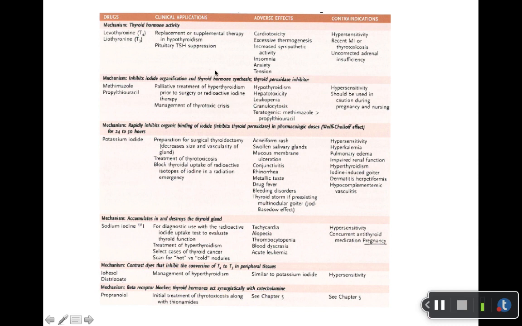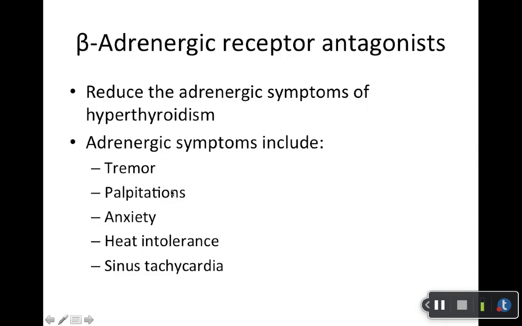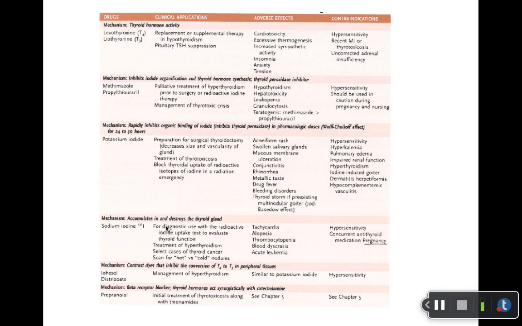And you'll notice down here, so this is a good summary table as usual. Go ahead and read through it: clinical applications, adverse effects, contraindications. For the beta blockers, we have listed propranolol. So that was preferred historically, and there was some theoretical benefit of using propranolol. But nowadays, you can use atenolol and metoprolol. Usually atenolol is the preferred drug of choice for reducing these adrenergic symptoms.